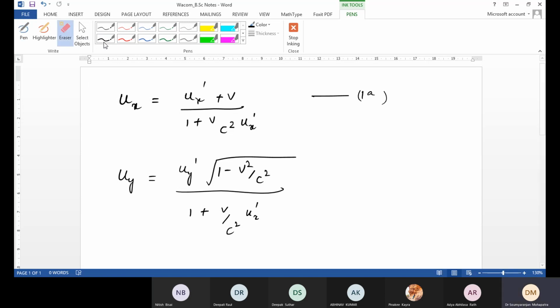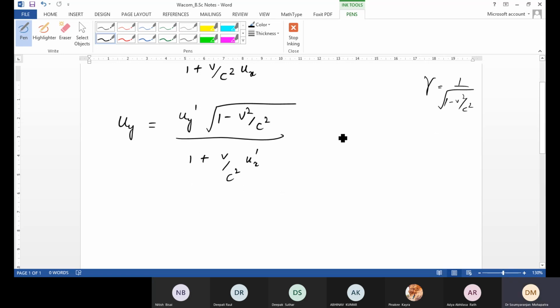This is not v square, this has to be v by c square. Remember, when you write in this form, you should not give a root over sign here. Only when you write the gamma factor do you write 1 minus v square by c square under the root. This is nothing but 1 by root over 1 minus v square by c square. Let's say this is 1b.